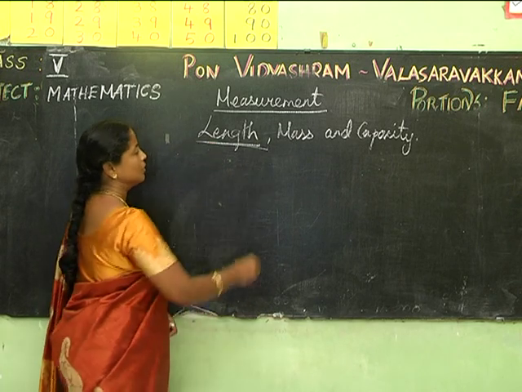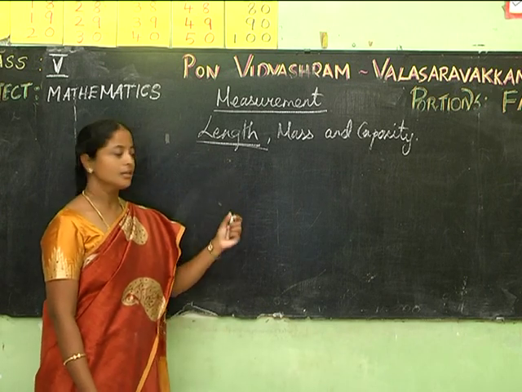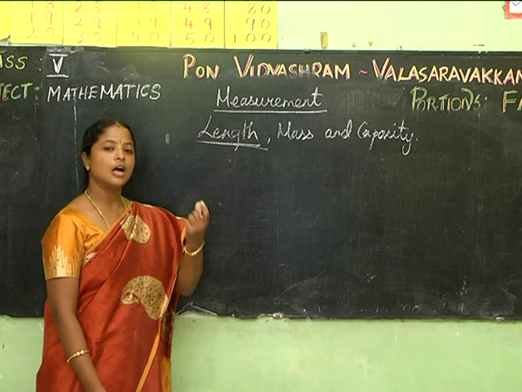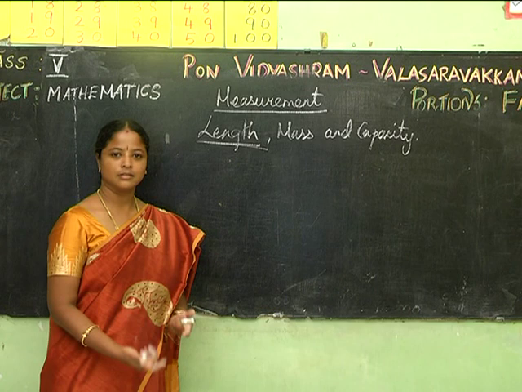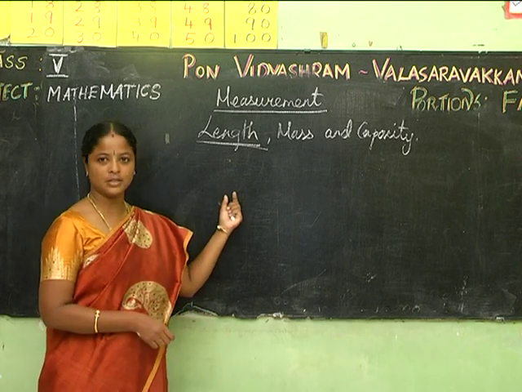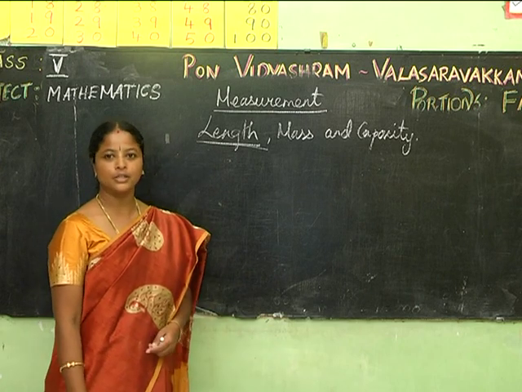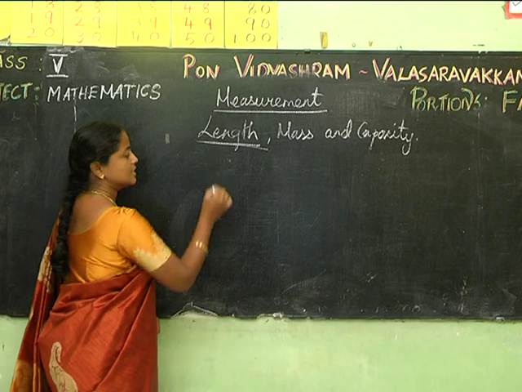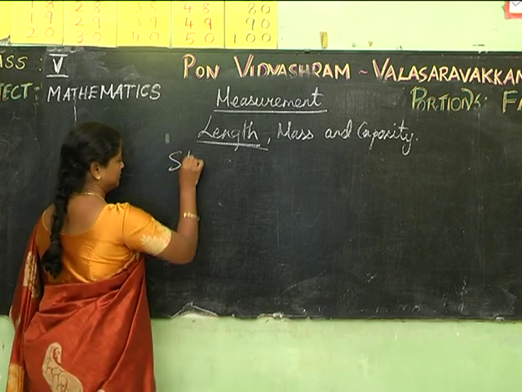Now, the length can be measured in different ways. According to the object, the length differs. Whenever we measure a small object, we use smaller units, and when we measure a bigger distance, we use bigger units.